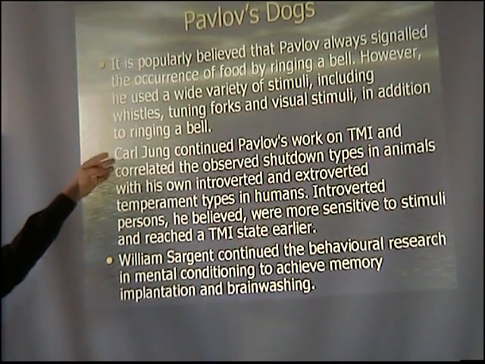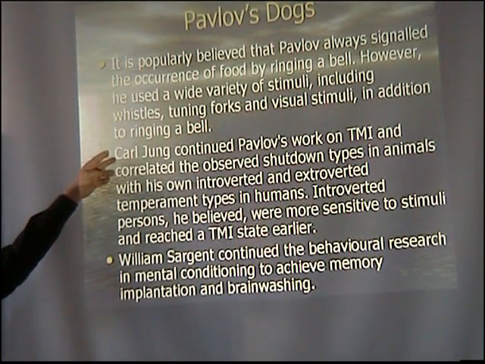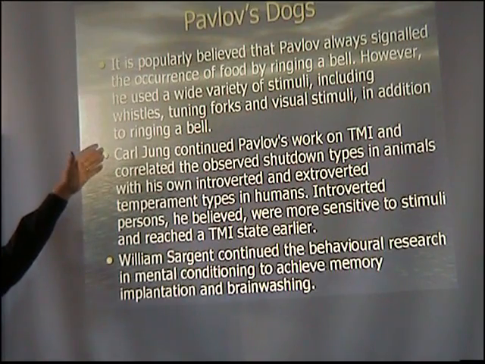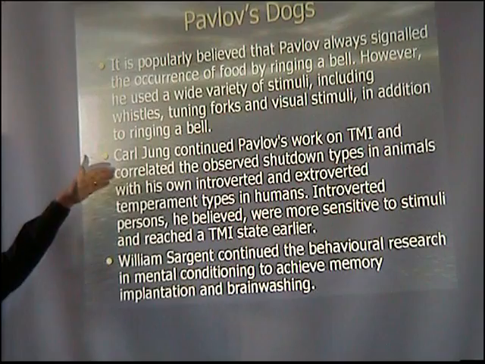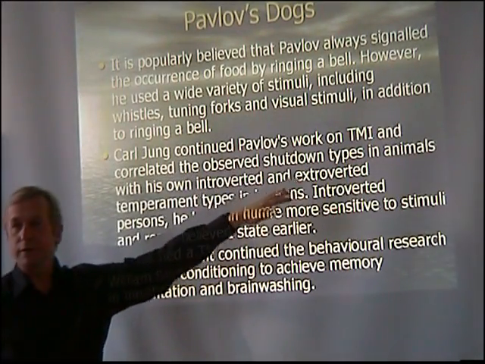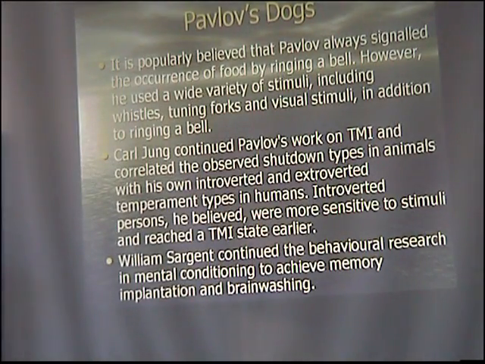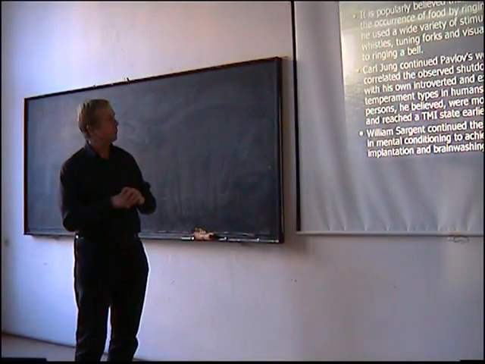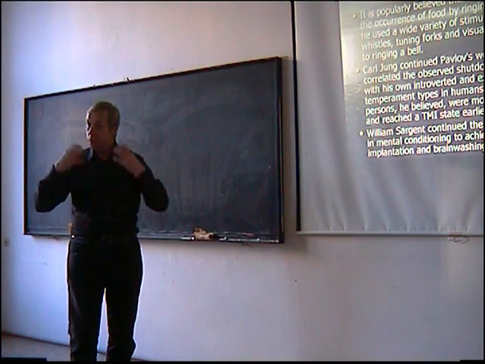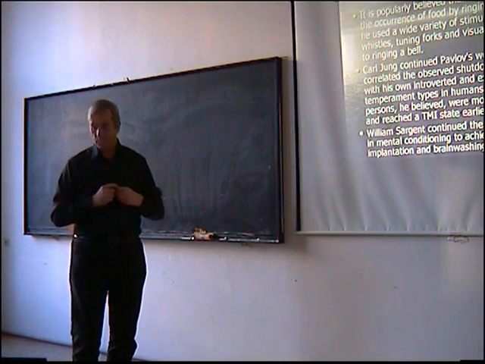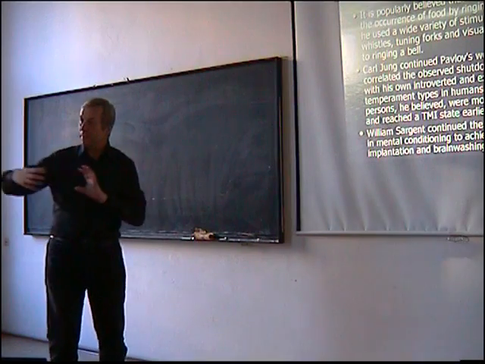His work, again, this is where it links in with Freud. Carl Jung picked up on it and was looking in different types of animals in terms of introverted and extroverted temperaments. So he switched it more to the psychological side, the psychiatric viewpoint, not so much on the physical, how the nerves and the neural makeup was, but more from the outside, the psychological.